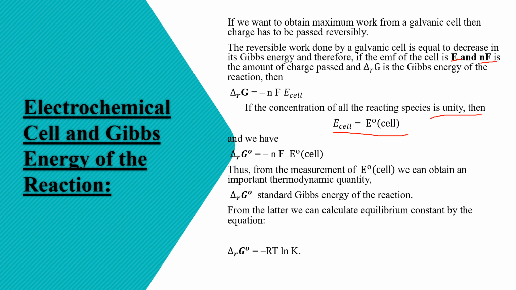Thus, from the measurement of E naught of cell, we can obtain the important thermodynamic quantity delta G naught, the standard Gibbs energy of the reaction. From the latter, we can also calculate the equilibrium constant by the equation delta G naught equal to minus RT ln K.